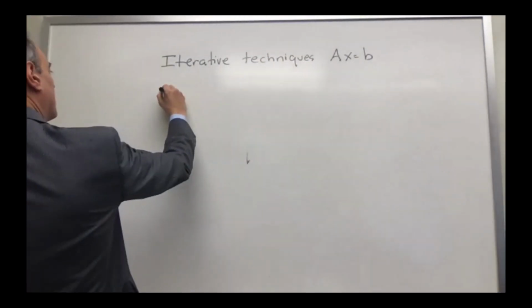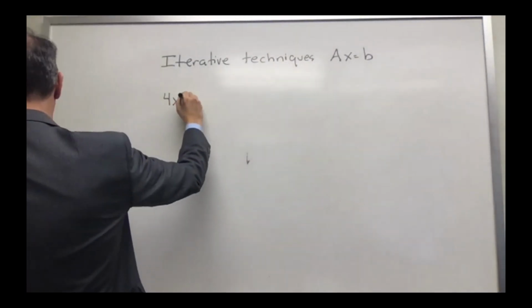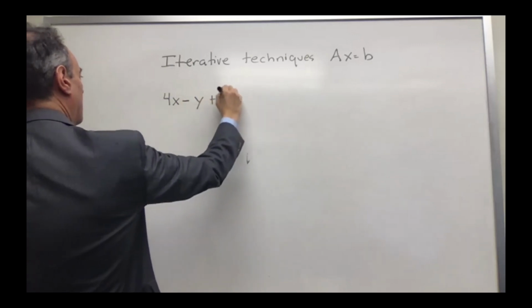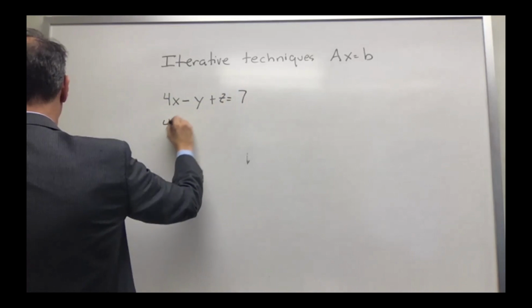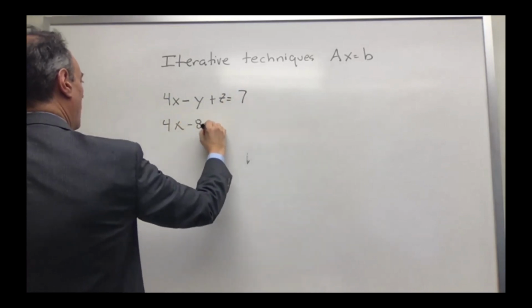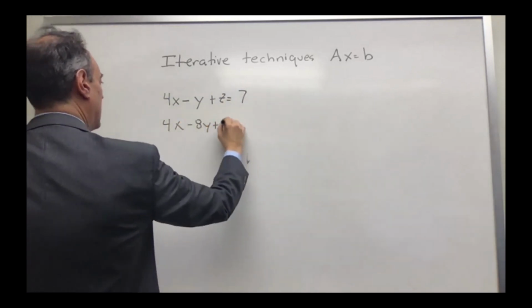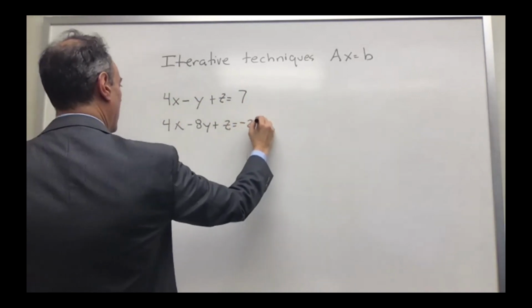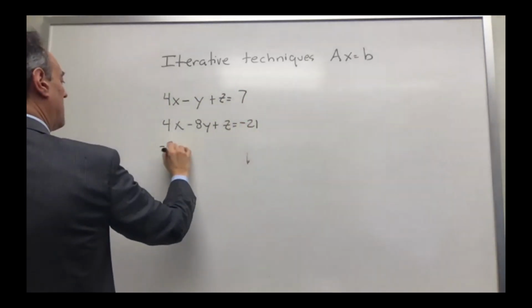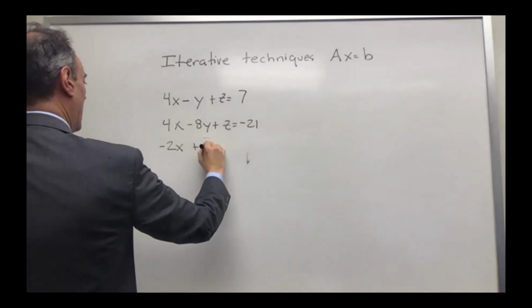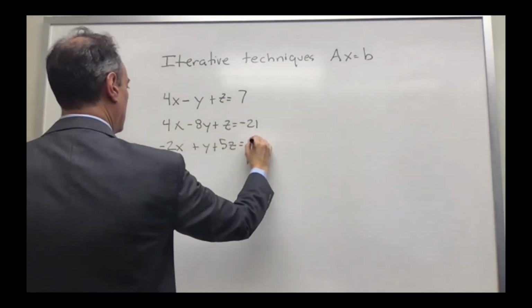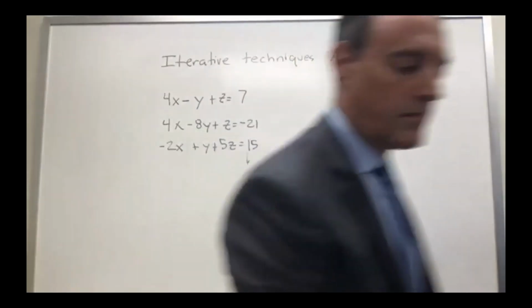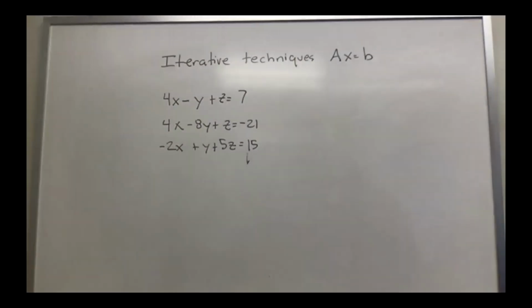It's a 3 by 3 system: 4x minus y plus z equals 7, 4x minus 8y plus z equals minus 21, and minus 2x plus y plus 5z equals 15. Okay, so that's our system.